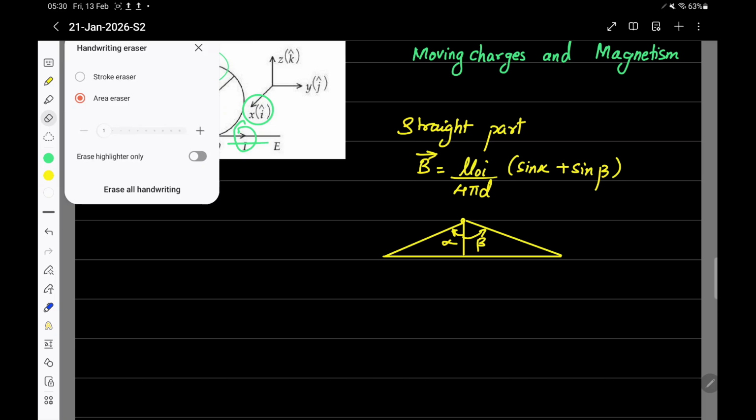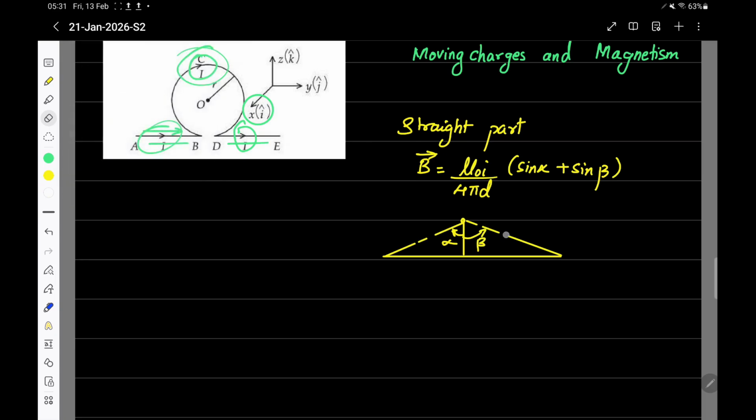In our case, we have a semi-infinite wire, which means this end is subtending 0 degree and the other end is subtending nearly 90 degree. So alpha is equal to 0 degree and beta is equal to 90 degree.